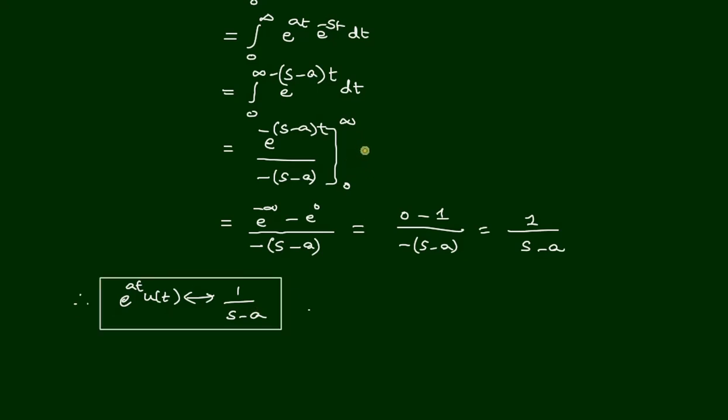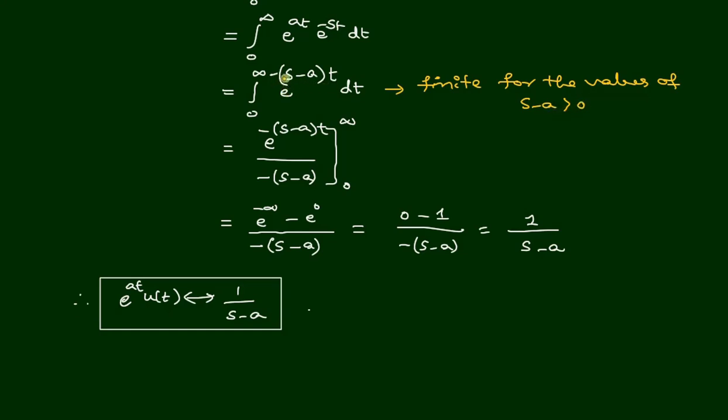Now the ROC of this function we can find from the integral 0 to infinity e^(-(s-a)t) dt term. This function is finite for the values of s - a greater than 0.